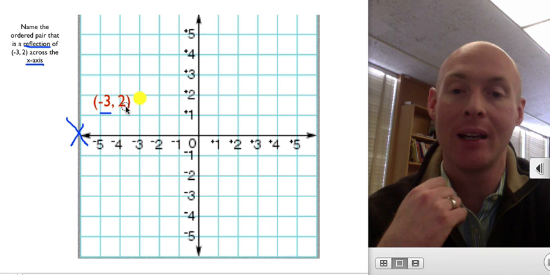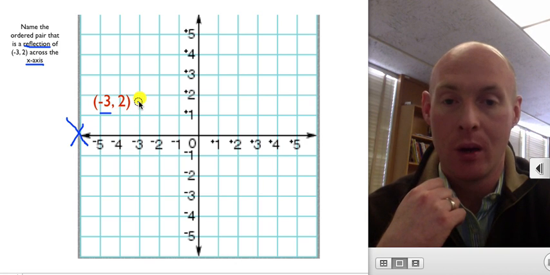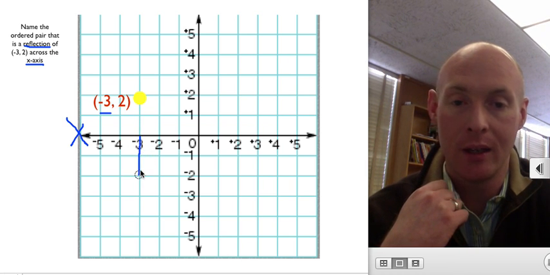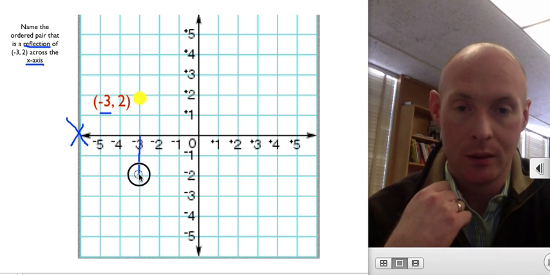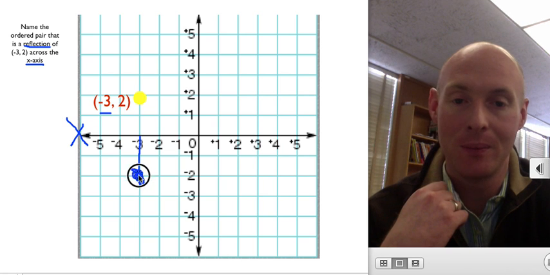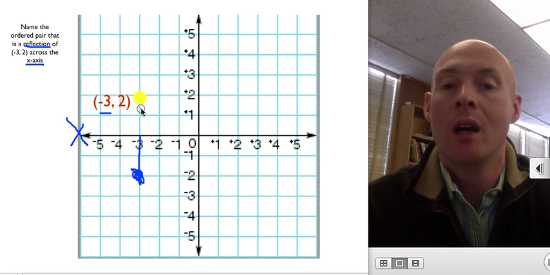So, -3, 2. We go to -3, and because we went up 1, 2, we need to go down 1, 2, and here's my point. And sorry, that's a bad point, but you get the idea.